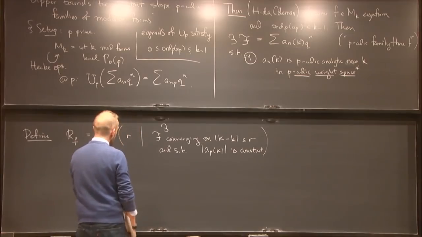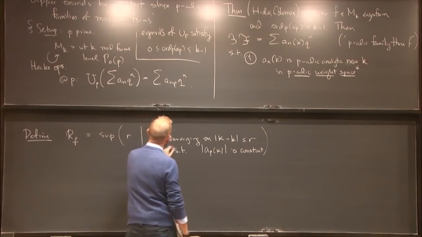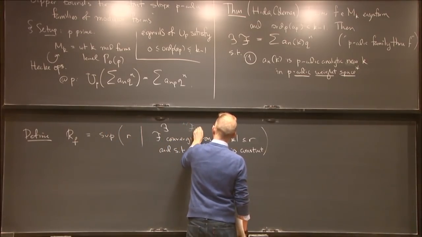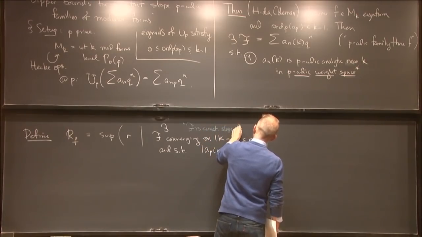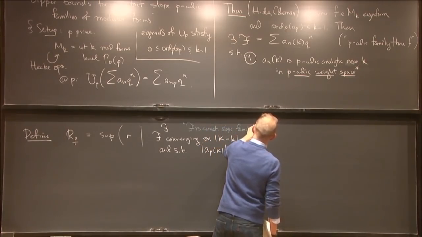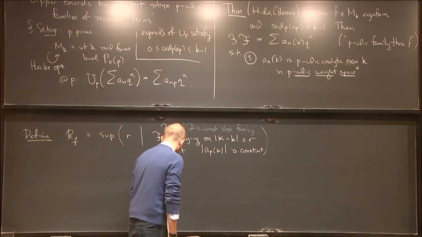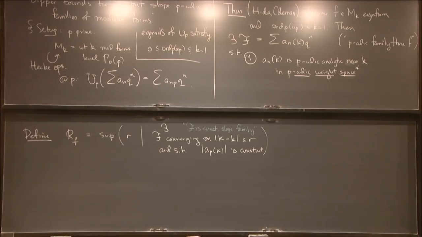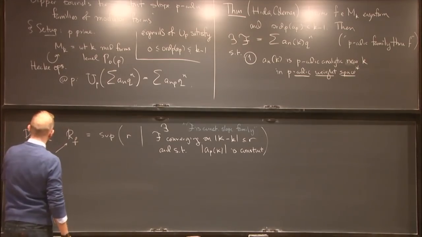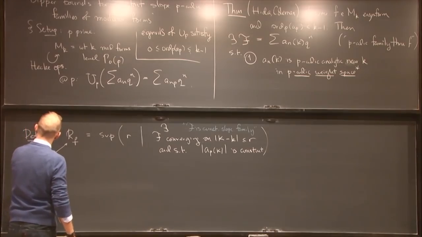So this is called a constant slope family. Slope just coming from using p-adic orders instead of p-adic norms, the theory of the Newton polygon. And this number then is called the constant slope radius.